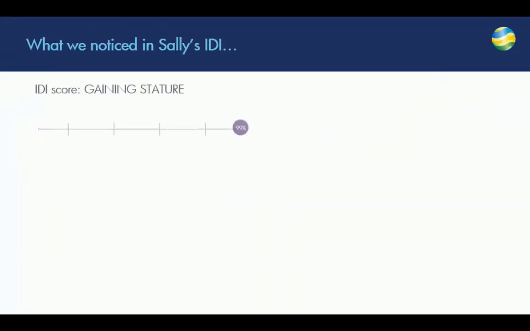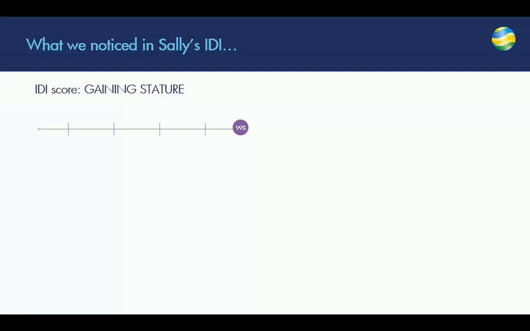Here are two specific results that I'll pull out right now. The first thing is she had a really, really high score on gaining stature. You can see it's a 99%. That means she gets more energy than almost anybody else who took this assessment on gaining stature.